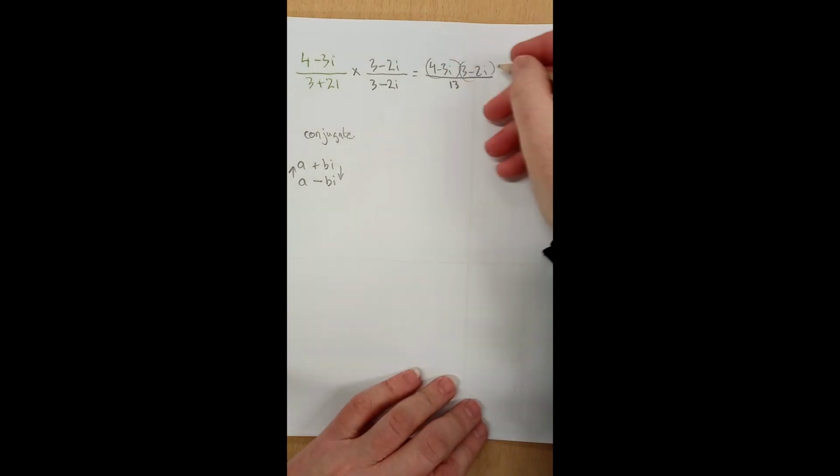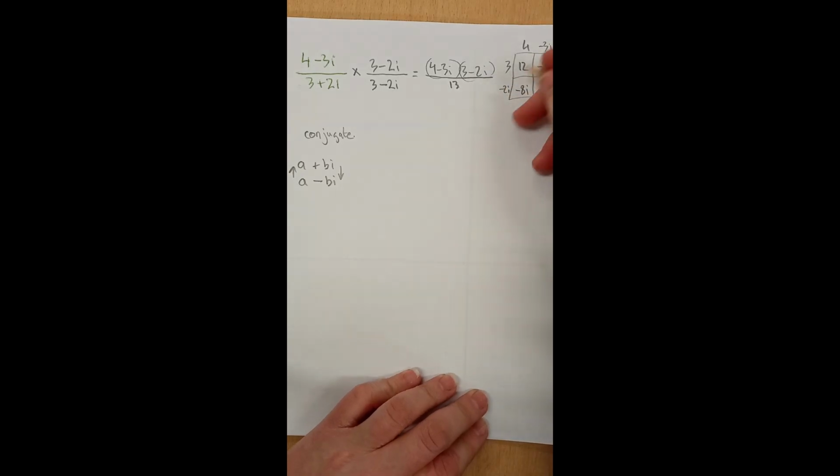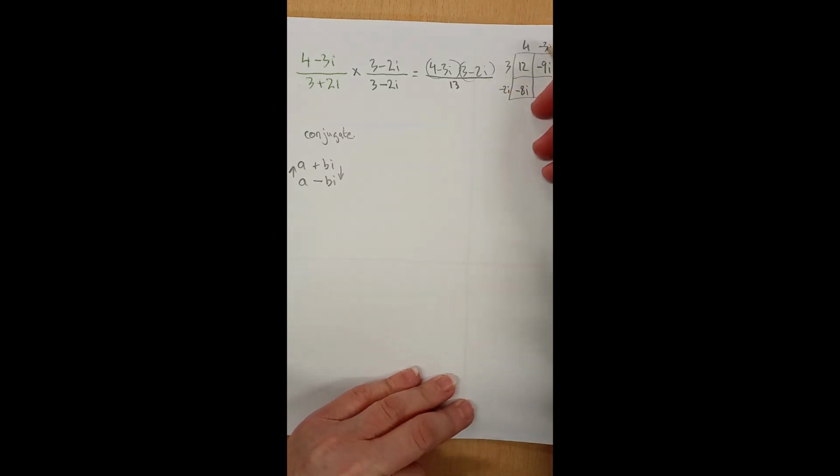I'm going to use the grid method. 3 4s are 12. 3 3s are 9, minus 9i. 4 2s are minus 8i, and minus 2 times minus 3 is plus 6, but because it's two i's, it stays as minus 6.